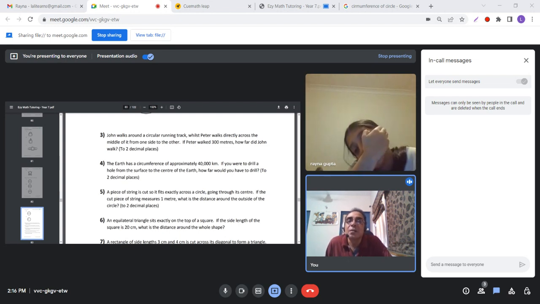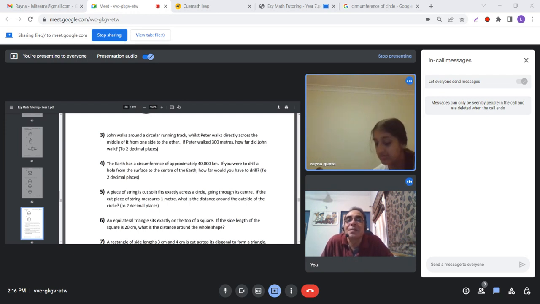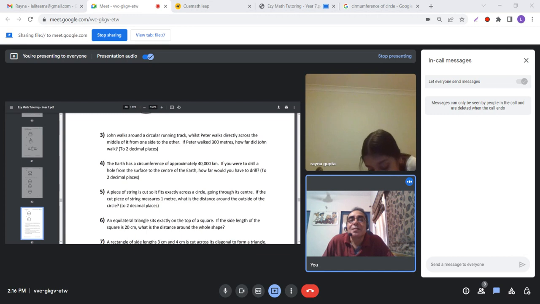So 2 pi r. If that string is exactly 1 meter, it goes through the center. Is that the radius or the diameter? Diameter. Yes, it's a diameter. So how much is its circumference?